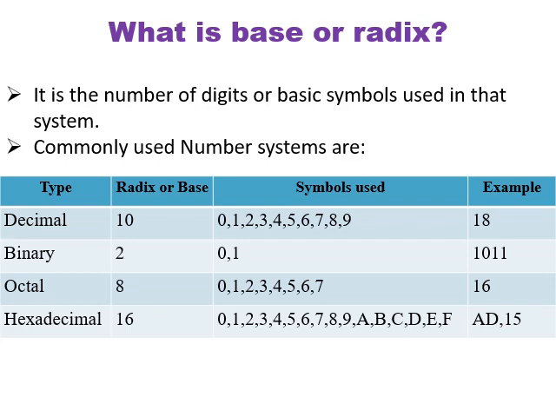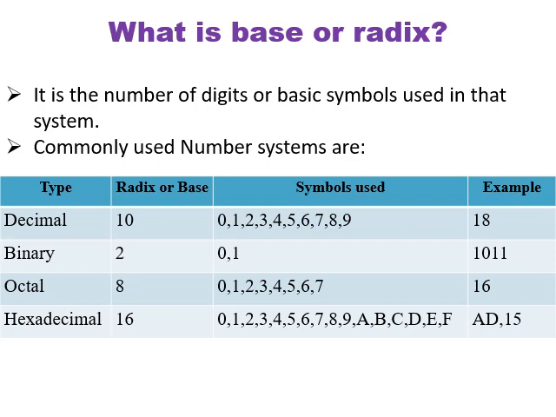Base or radix of decimal number system is 10. Symbols used are 0, 1, 2, 3, 4, 5, 6, 7, 8, and 9. Example is 18.